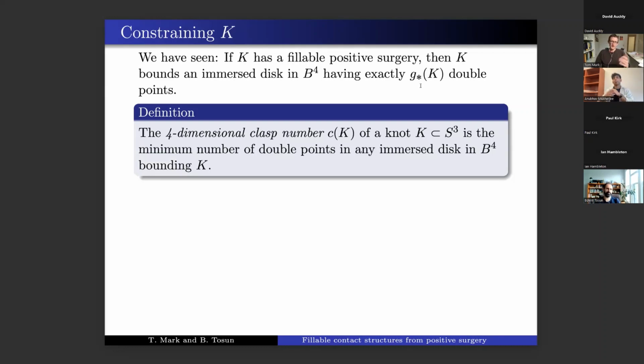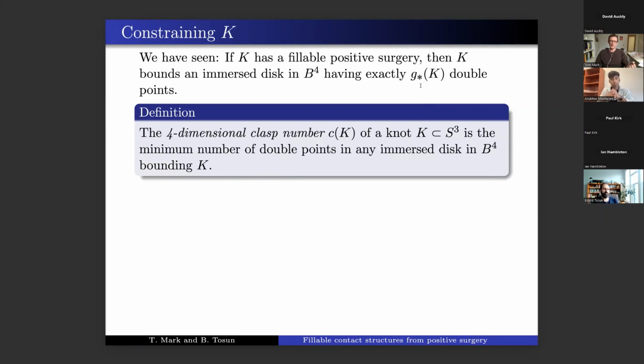So your knot bounds a fairly special kind of immersed disk in the four-ball. There's an invariant of smooth knots called the clasp number, which is the minimum number of double points in any immersed disk in the four-ball that bounds your knot. Not symplectic, not positive or negative, just however many double points you need to find an immersed disk with boundary K.